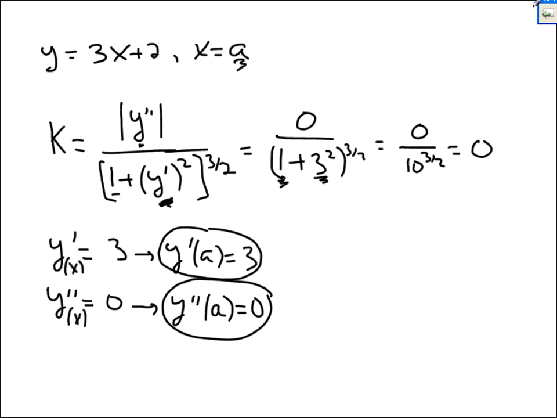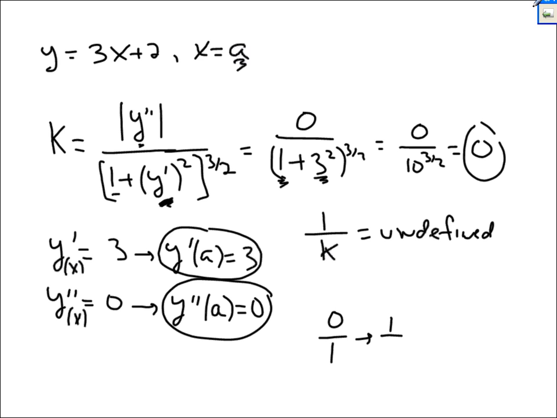Now, let's also find the radius of curvature. The radius of curvature is 1 over the curvature. And this is undefined, because you can't find the reciprocal of 0. 0 over 1, the reciprocal is 1 over 0. You can't divide by 0. It's undefined.